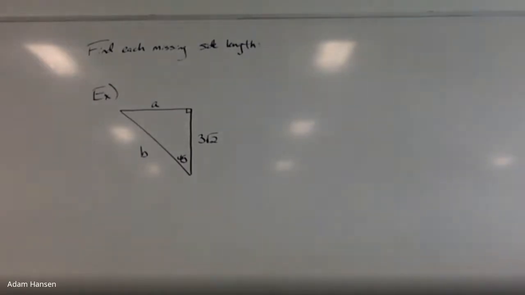First example up. What type of special right triangle is that? Is it a 45-45 or a 30-60? 45-45. So we're talking about the first of our two special right triangles.